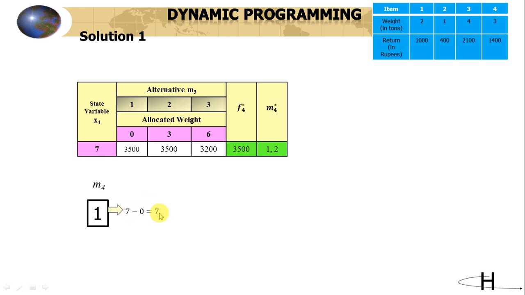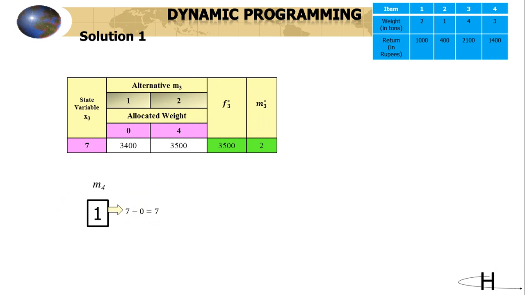Okay. Now let us come towards stage 3. In stage 3, the best value of the return function in that table is 3500 with respect to alternative 2.